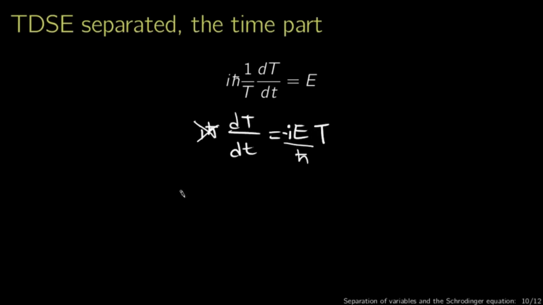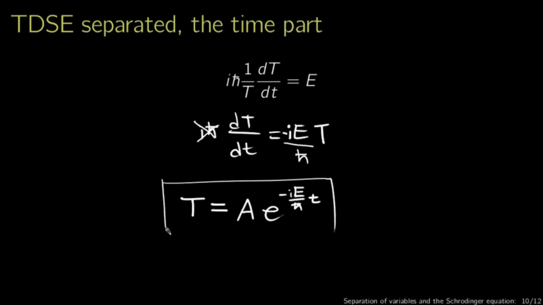Immediately this suggests exponentials, and indeed our general solution to this equation is some normalization constant times e to the minus i E over h bar times time. So if we know what this separation constant capital E is, we know the time part of the evolution of our wave function.